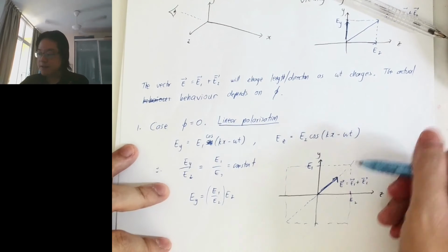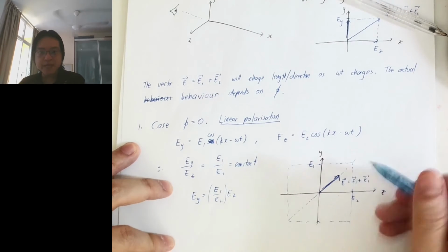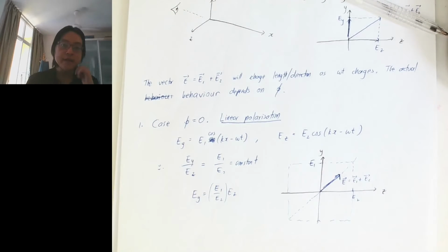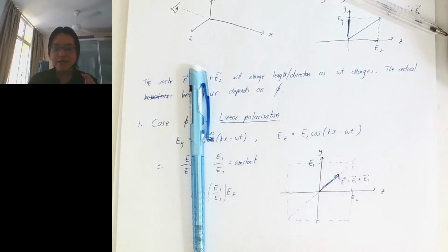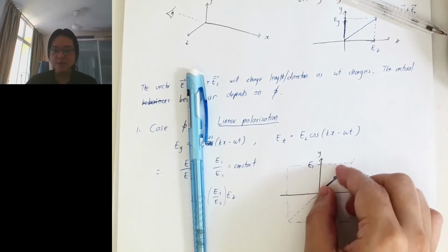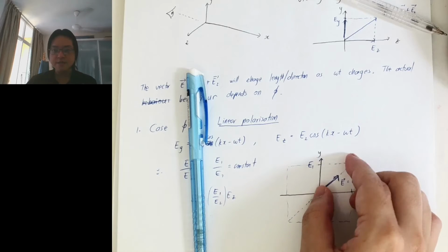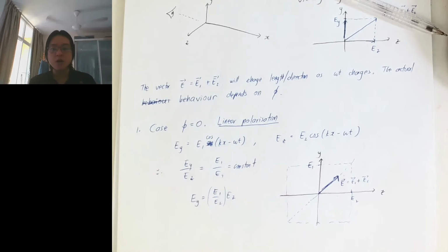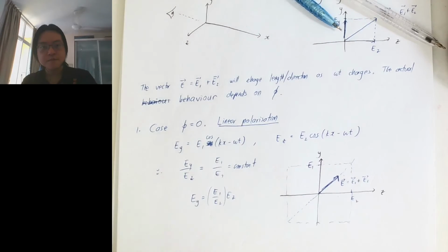So the electric field vector is always pointing along the line. This is why it's called linear polarization. Imagine the animation where the vector always points along the line, going to maximum, to 0, to minimum, to 0, right? So it's always along this line, and this is why we call it linear polarization.